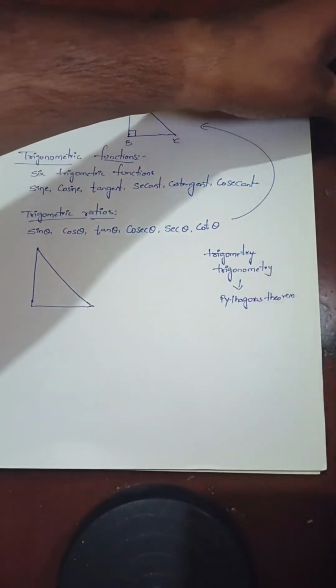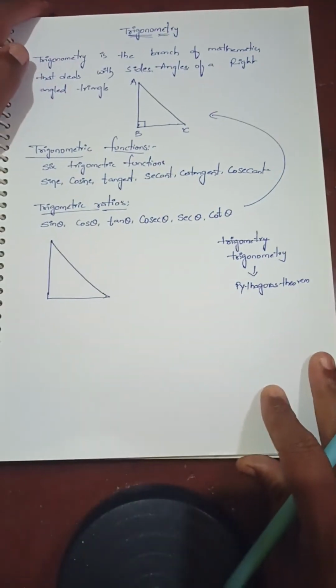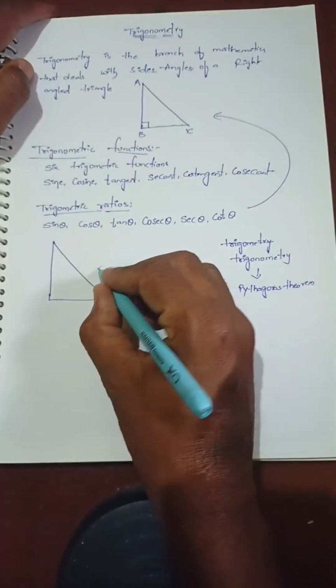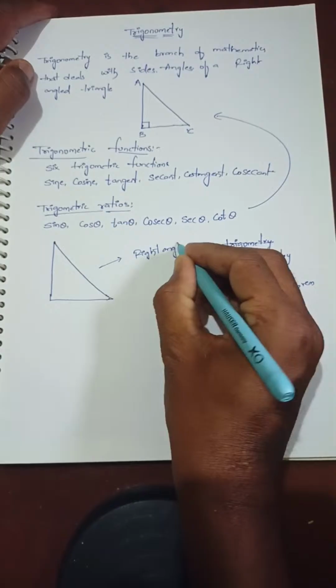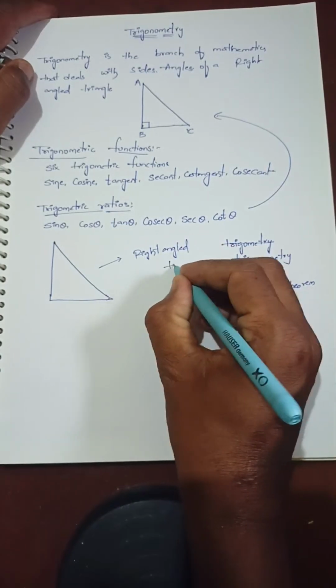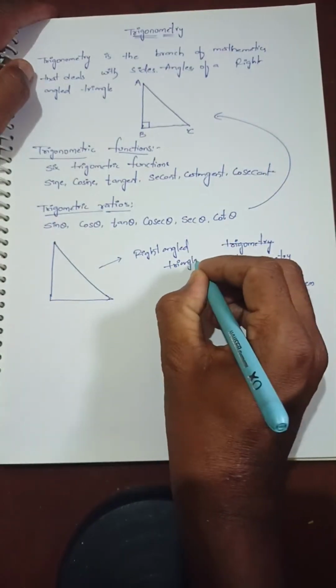So Pythagoras theorem, that is right angle triangle. So this is the right angled triangle. So this is about the right angle.